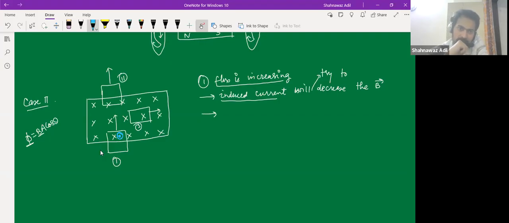Clockwise. So if you put your thumb in the direction of outward and then you curl your fingers, what is the direction that you're getting? Anti-clockwise, right? Yes. So in this direction.